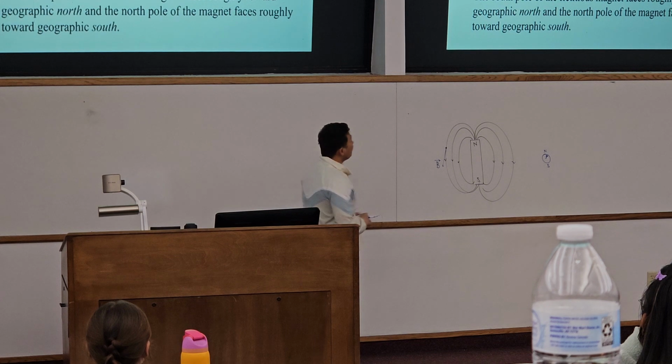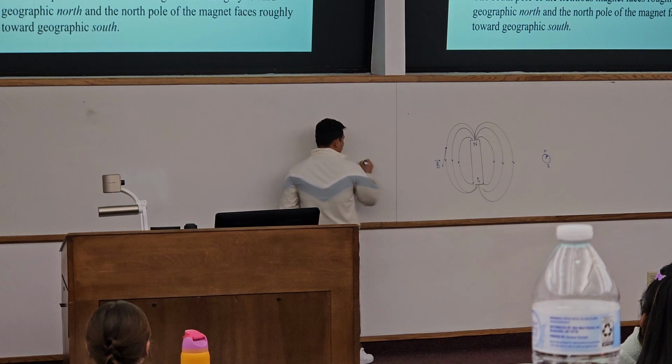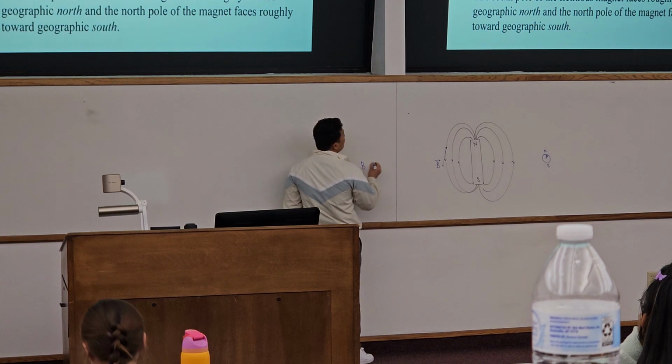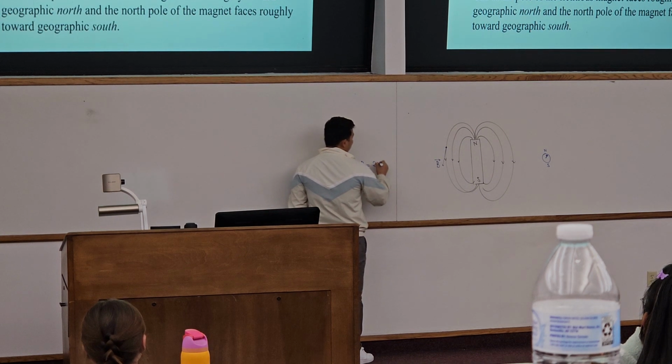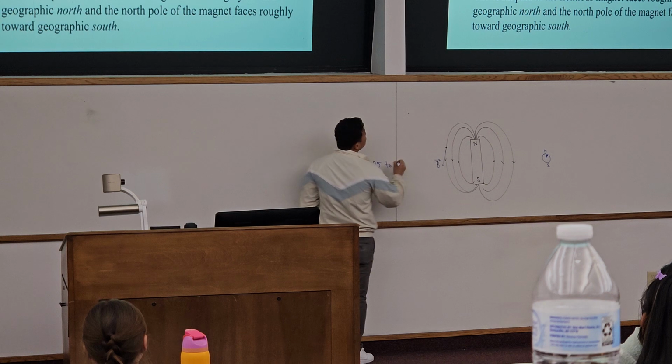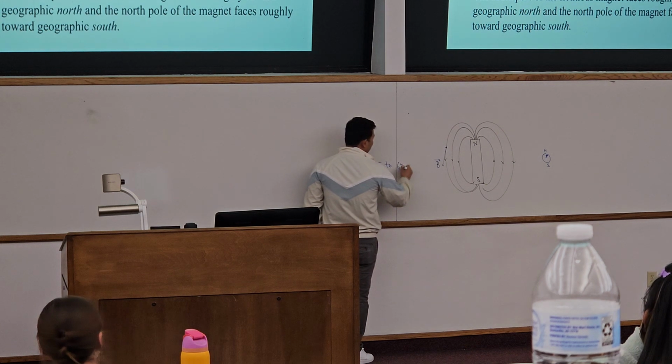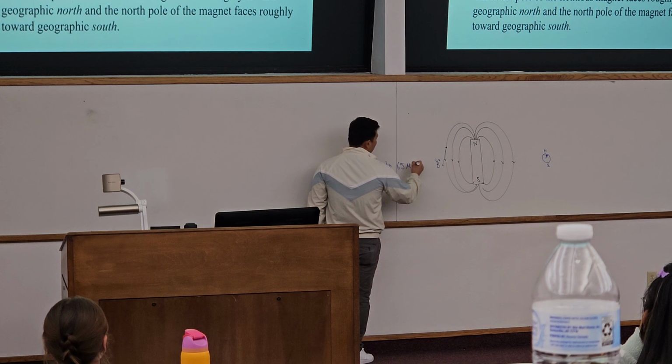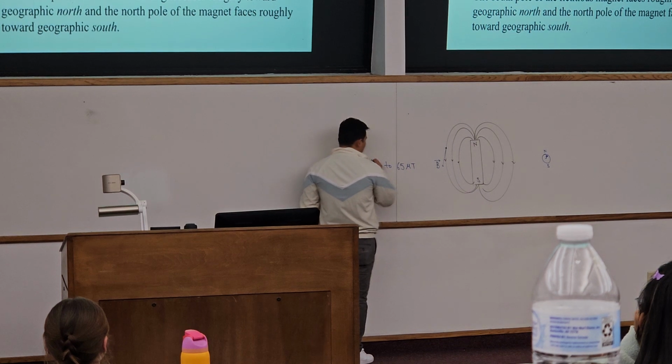The Earth's magnetic field is very small. Its B value is very small, in micro Tesla, around 45 to 65 micro Tesla. It depends on where you are.